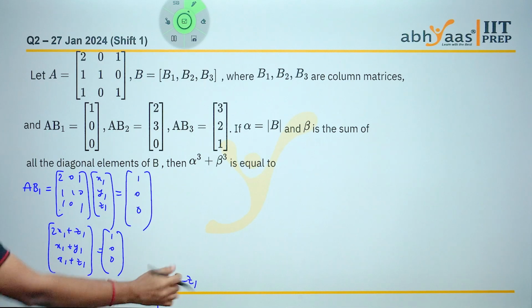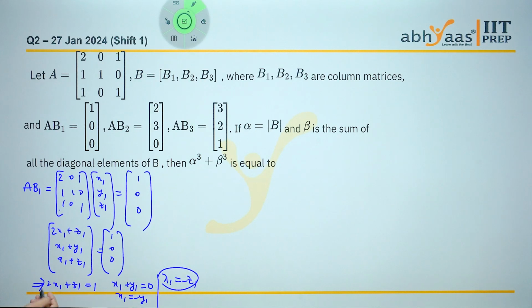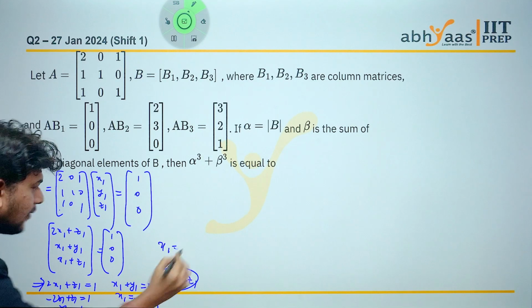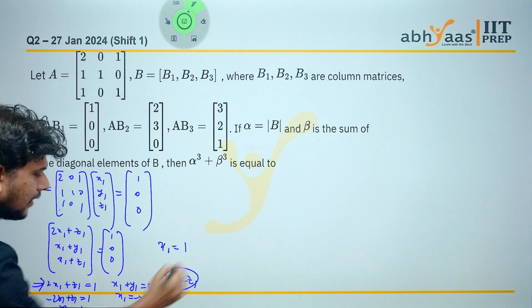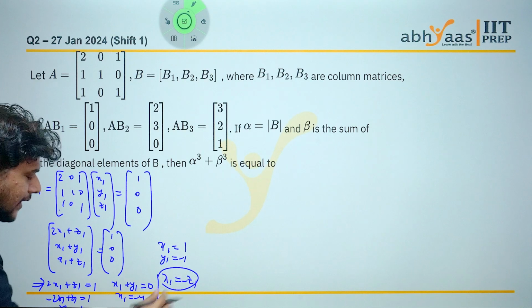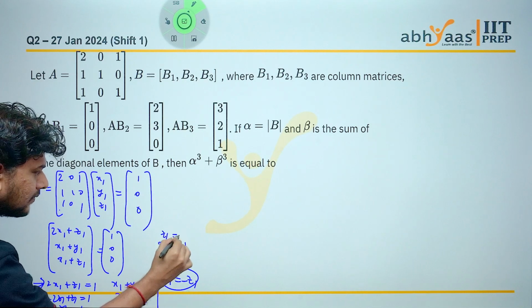Substituting, we get minus 2z1 plus z1 equals 1, so z1 equals minus 1. So x1 equals 1, y1 equals minus 1, and z1 equals minus 1.